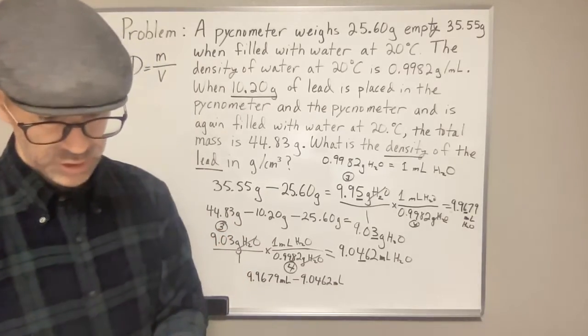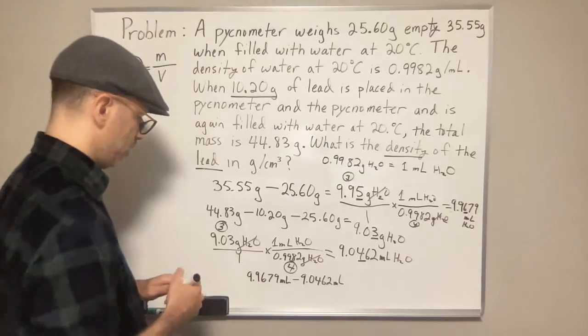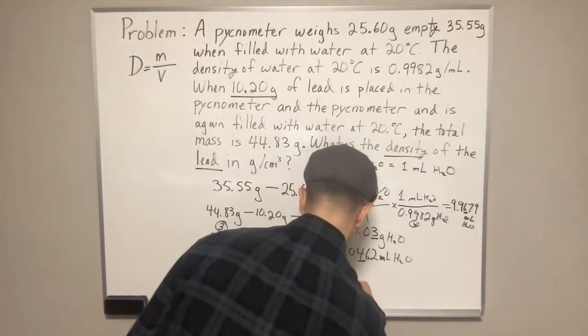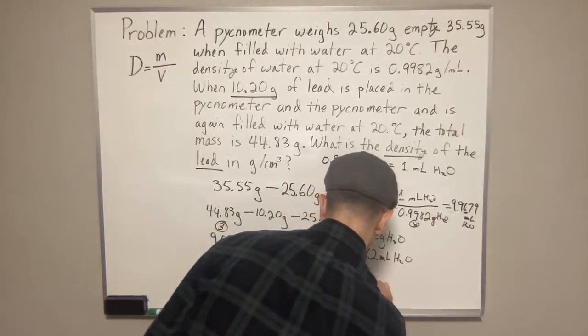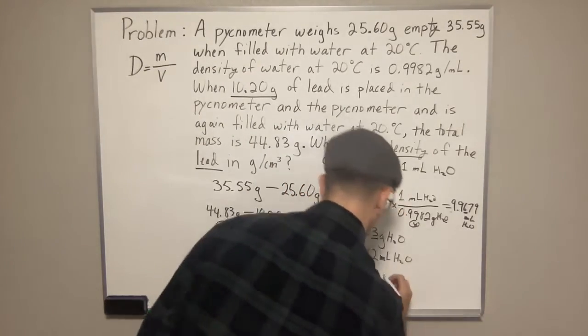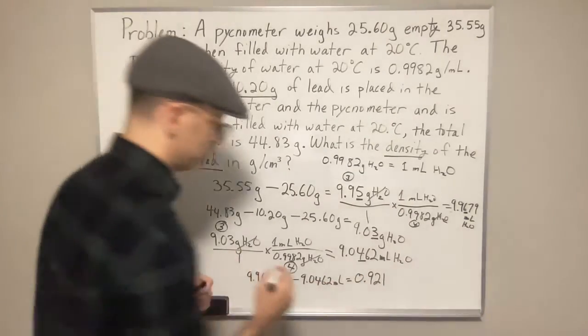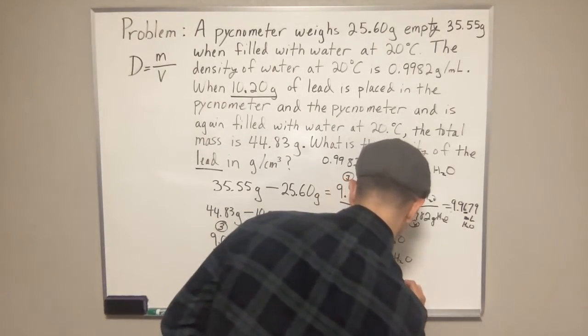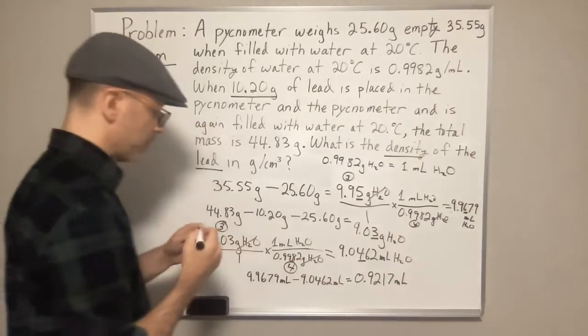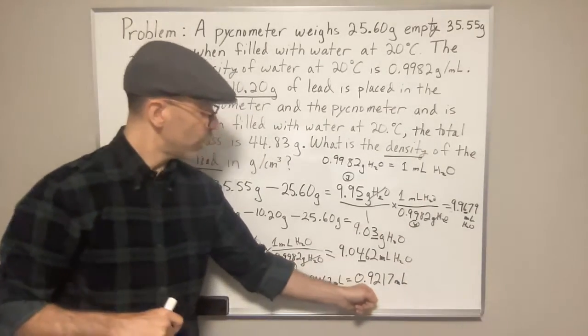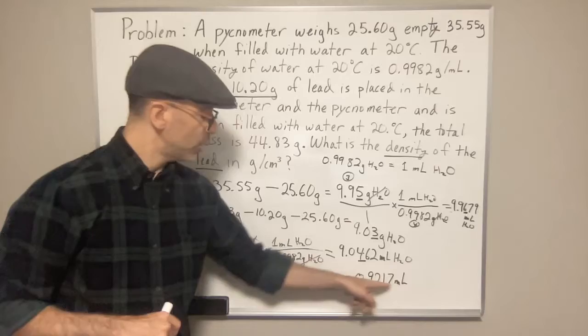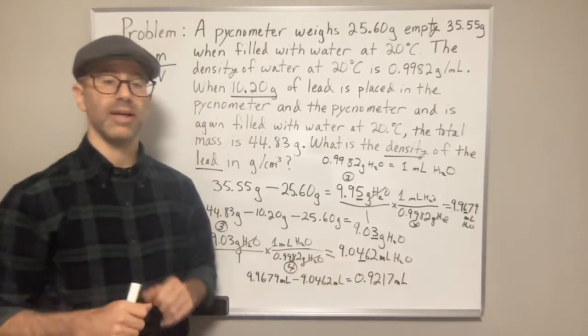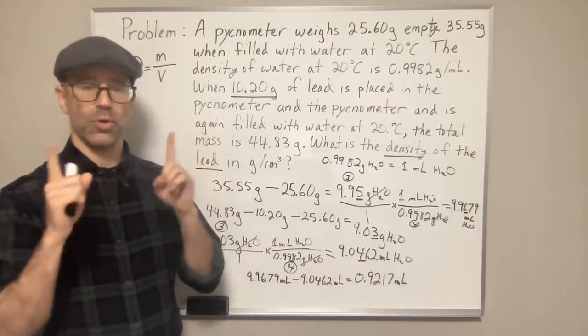So 0.9217 milliliters of water. And here, they want centimeters cubed, but centimeters cubed and milliliters have a 1-to-1 relationship.